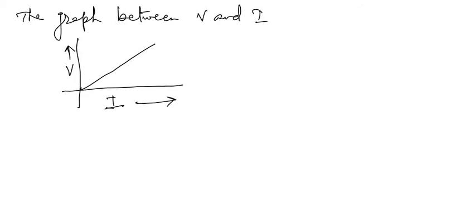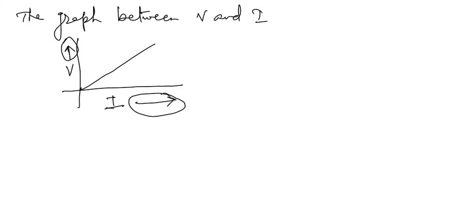This arrow shows the value of current increasing along the x-axis, and this arrow along the y-axis shows the increasing value of potential. It is always a straight line.